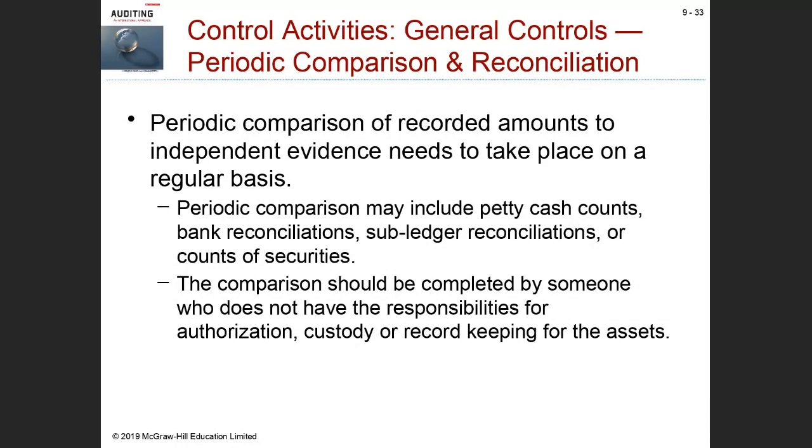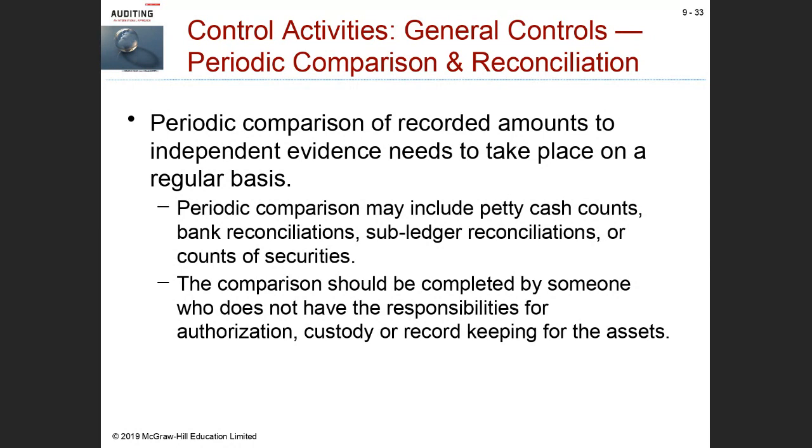So looking at the PowerPoint, it says periodic comparison of recorded amounts in our general ledger to independent evidence, meaning things outside of the accounting records, needs to take place on a regular basis. So for example, a periodic comparison would be at the end of the year, let's count our inventory to see how our inventory count, our physical count, compares to the inventory that we have recorded in the general ledger.